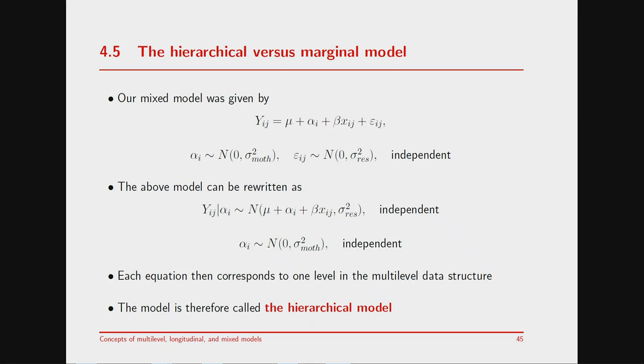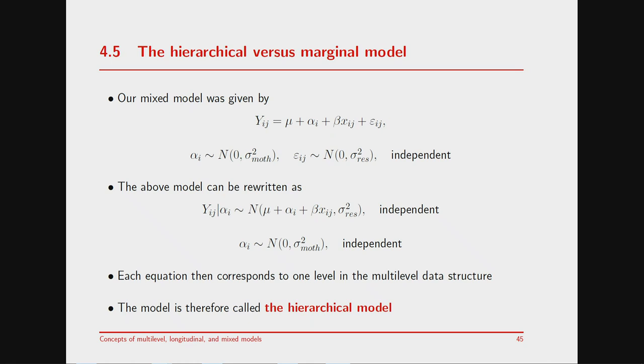If you go one level up, now we have different mothers, and that's the second line here. These mothers come from a normal distribution, and all these mothers have their own parameter alpha_i. So you have to imagine this as you randomly sample mothers, and each mother has her own alpha_i in the pocket. So sampling mothers is the same as sampling alphas from a population of parameters. We call this the hierarchical model, which really reflects the hierarchical data structure.